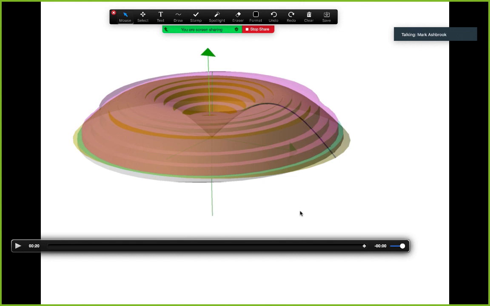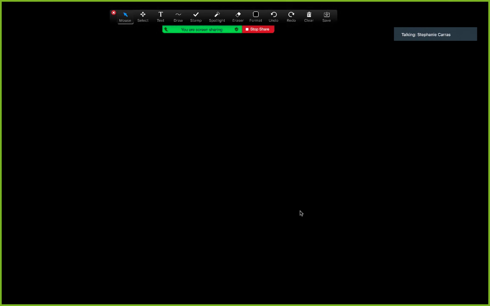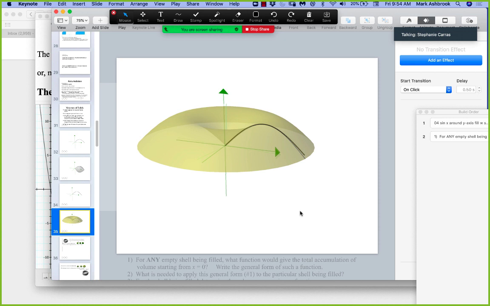Okay, right cylinders. So if you look at your handout. I'm sorry, I just have one question from that animation. Yeah, sure. From the last animation that you showed us, are those cylinders being stacked onto each other, or how did you create that dome on the inside? The dome came from the empty shell. I just took the sine curve and rotated it around the y-axis. That creates the dome, or the empty shell. Okay, and those cylinders that we're adding?